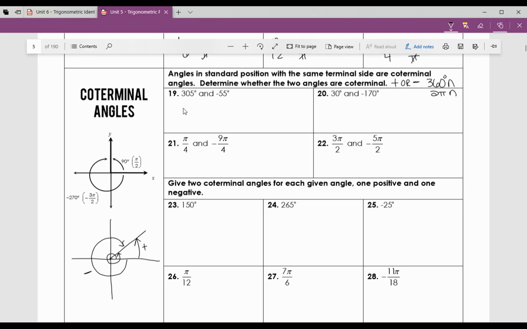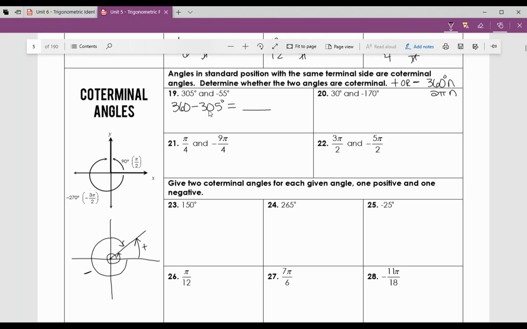Here, since I'm working with degrees, I'm going to take 360 and subtract 305 from it, and if I get 55 or negative 55, then these things are coterminal.